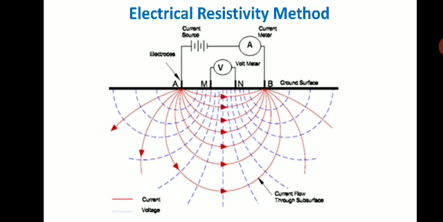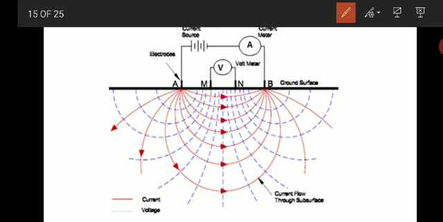In the electrical resistivity method, the electrical resistance is determined by applying the current, I, to the outer electrodes. These two are the current electrodes. You can call them C1, C2, or A and B. The inner electrodes are called potential electrodes.